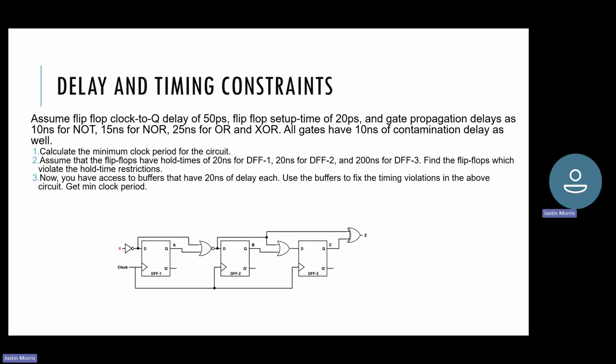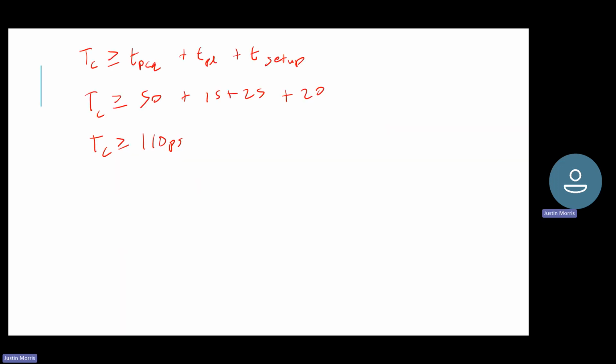The next question was, assuming the flip-flops have hold times of 20 nanoseconds. When it says all gates have a 10 nanosecond contamination delay, we don't add that to the propagation delay. No, contamination delay is different from propagation delay. So we're going to use contamination delay now. Hold time of 20 nanoseconds for the first two flip-flops, 200 for the third. So we're going to check our hold times for all of these flip-flops.